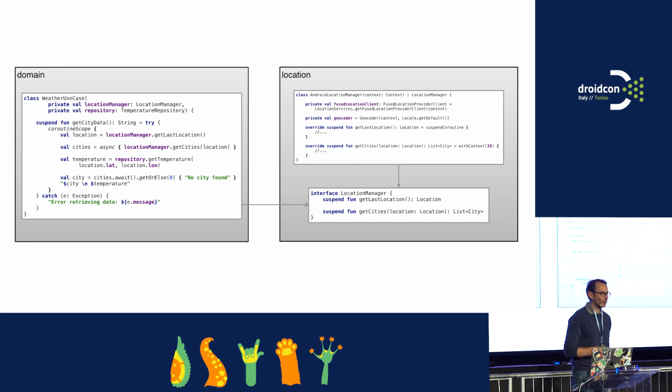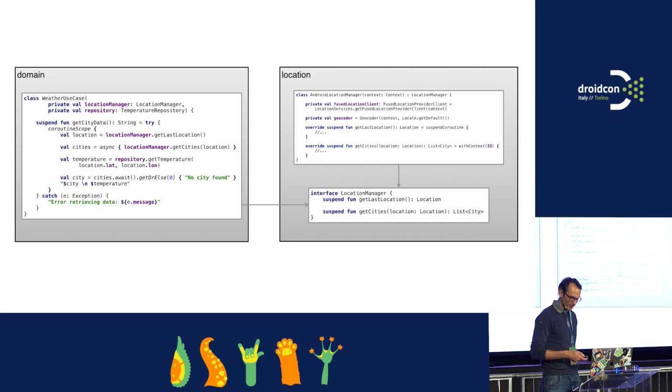Here the high-level module is the domain, because it's the business logic of our application, and the low-level module is the location, because here the location knows how to retrieve the location and how to retrieve the cities in a location. And so the high-level module depends on the low-level module. So we are not using the dependency inversion. How can we change this example to use the dependency inversion?